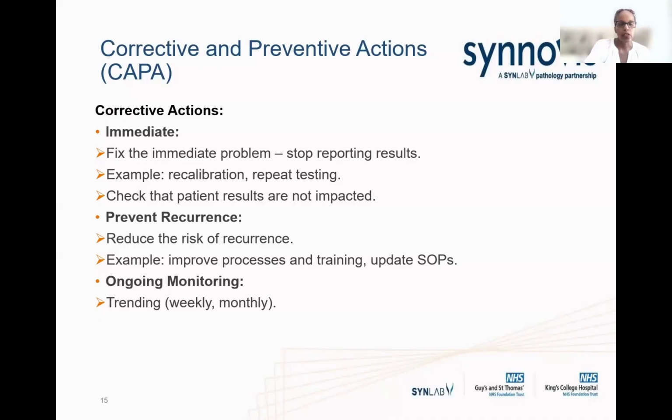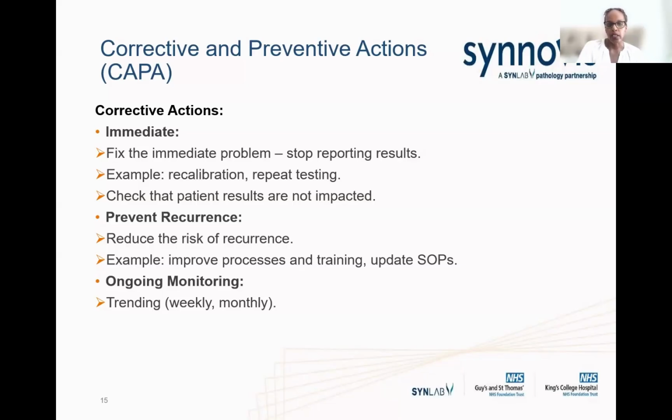So corrective actions then. Immediately we need to fix the problem and stop reporting results. Depending on when the QC failure is, we need to identify whether there has been any results impact, and we need to check that before we continue with anything.